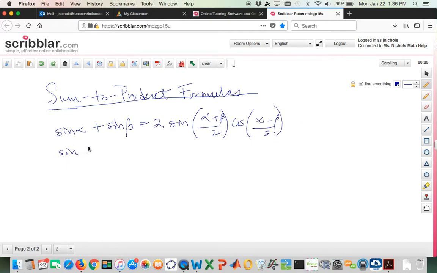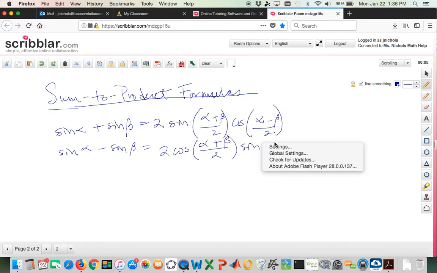I then have sine alpha minus sine beta, and that is equal to 2 cosine of alpha plus beta all over 2 sine of alpha minus beta all over 2.